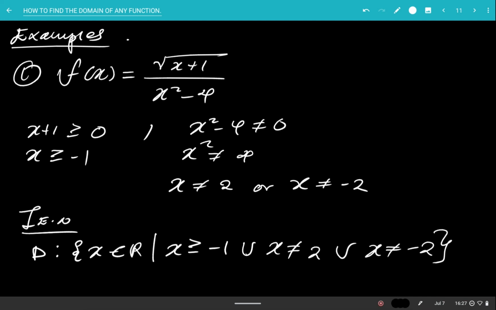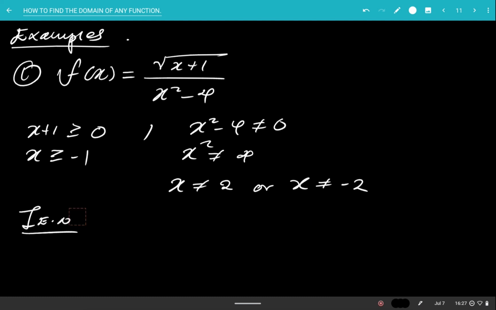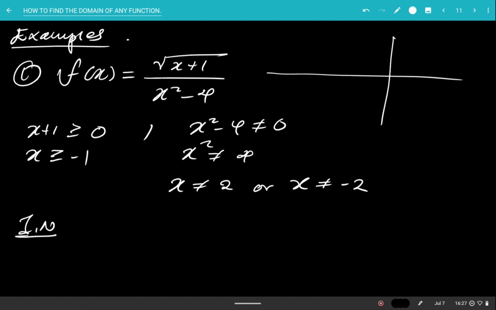Now, what if I want to write the same thing in interval notation? Let me erase this. In interval notation, what we're supposed to do is first make the x or y plane. So we have the minus 1, we also have minus 2, and we have positive 2.